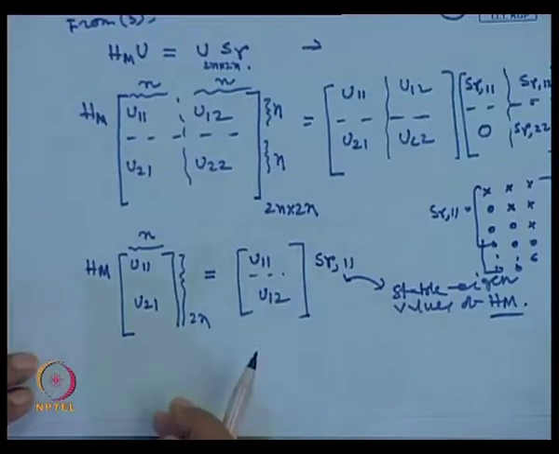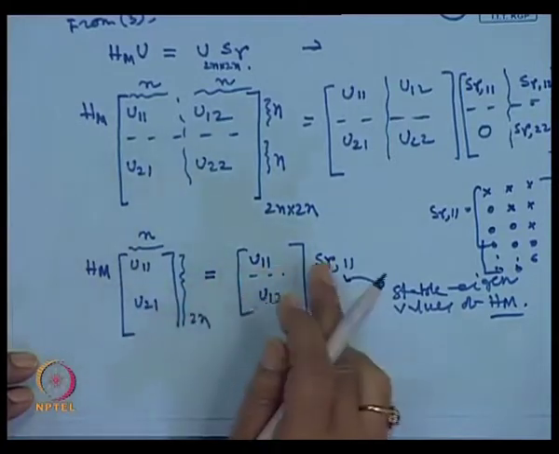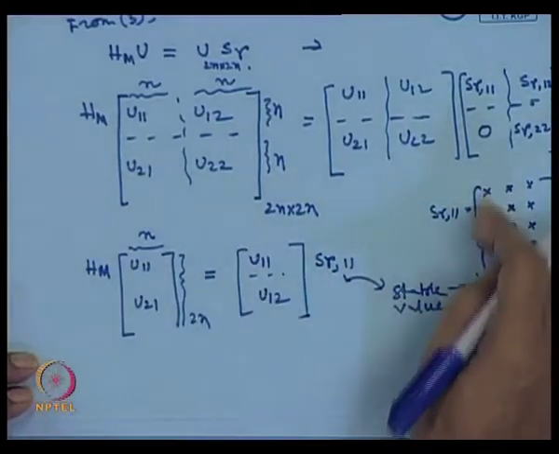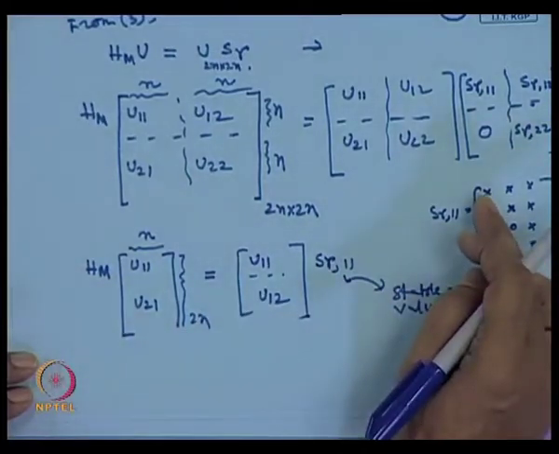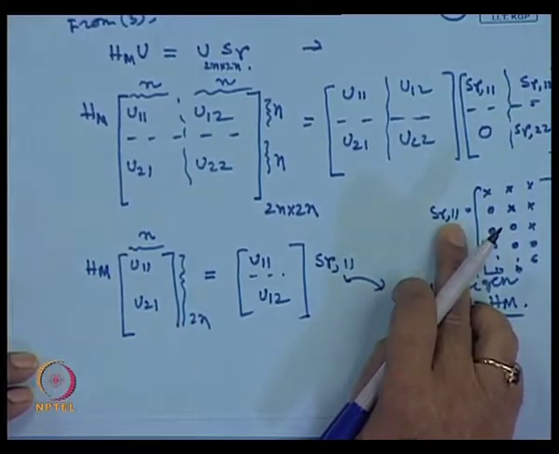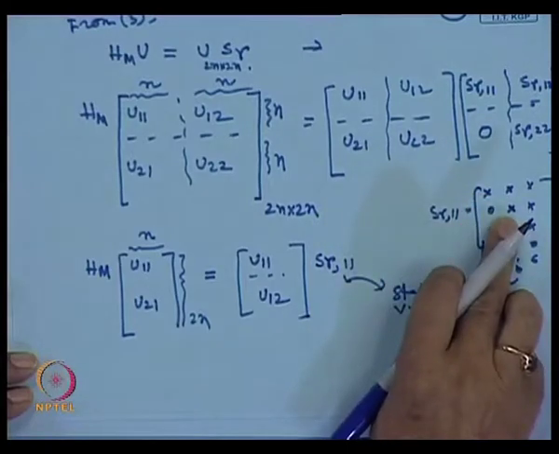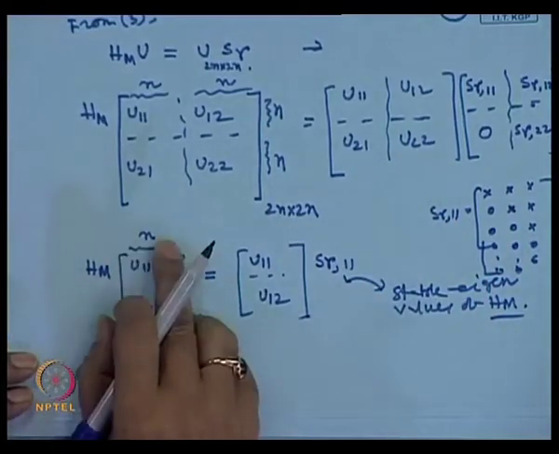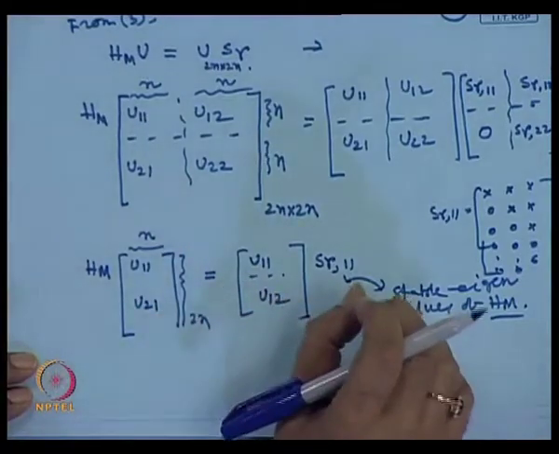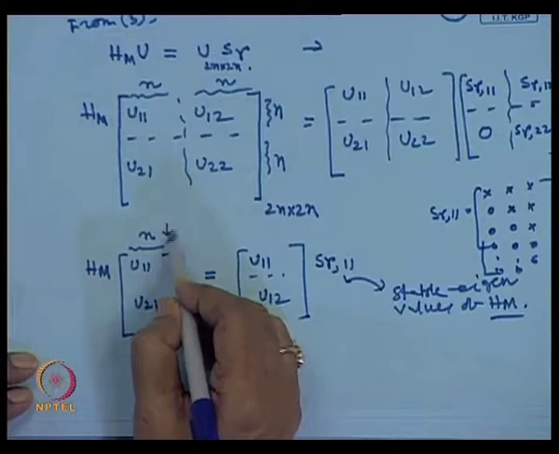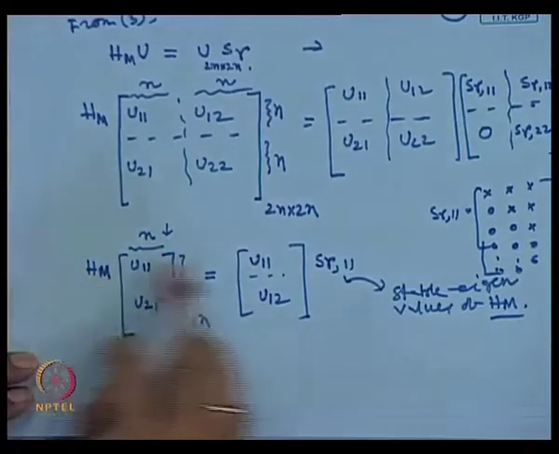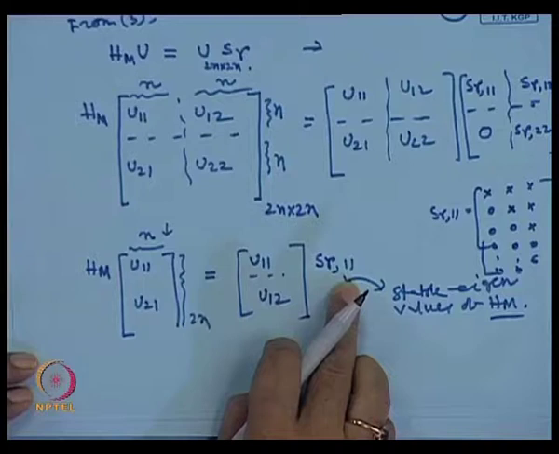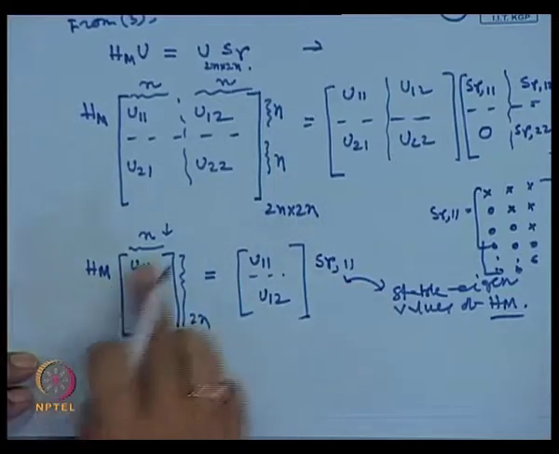So, if you multiply it by this, then each column corresponds to, suppose the first column of this one corresponds to an eigenvalue of the matrix S R 1 1, and this is another eigenvalue of this one, either 1 by 1 or 2 by 2 blocks of eigenvalues of the matrix. So, the eigenvectors corresponding to the stable eigenvalues of the H m matrix are these vectors.